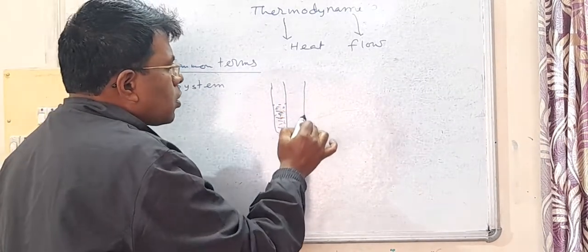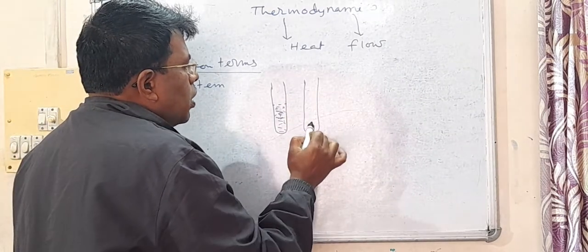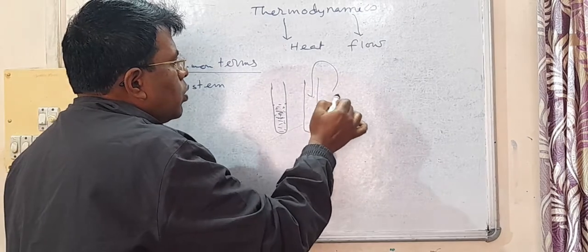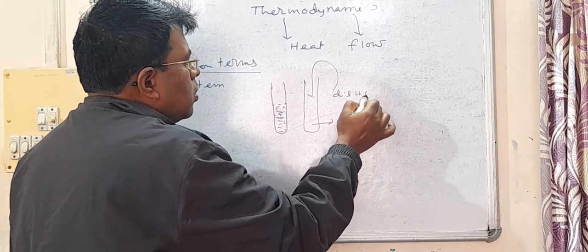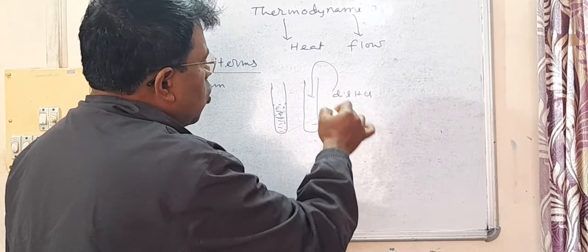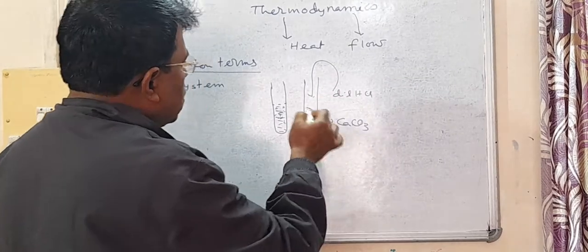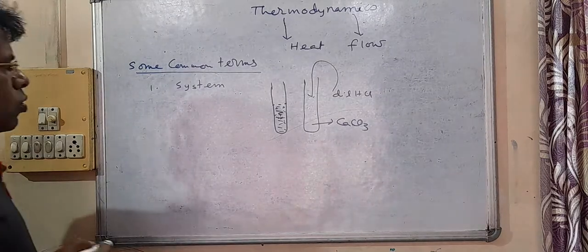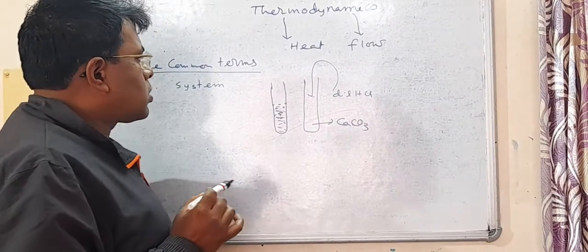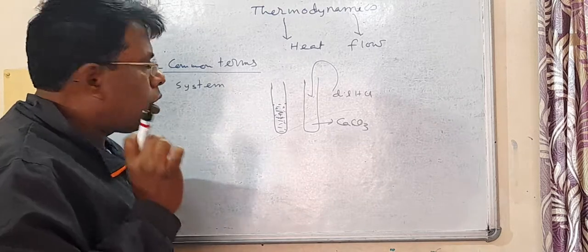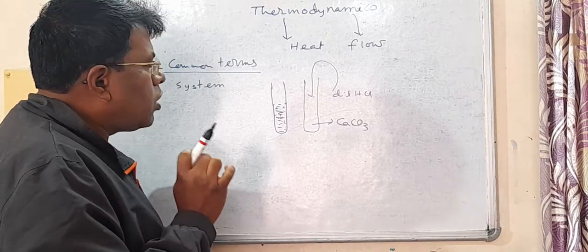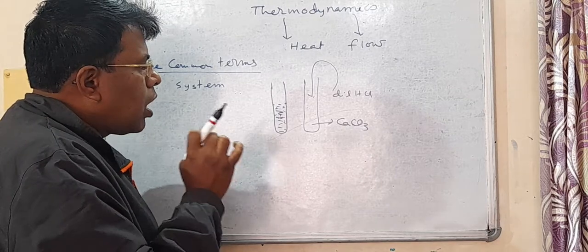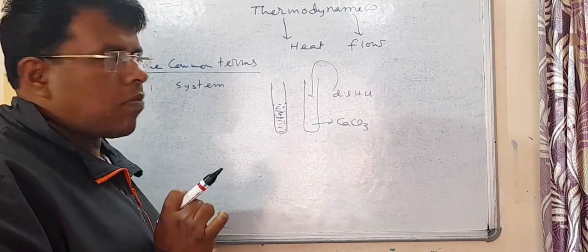Suppose in another case, we have calcium carbonate, and we are adding into it dilute HCl. So the content of the test tube here, that is our system. So, what is system actually? System is a part of the universe which is under observation.